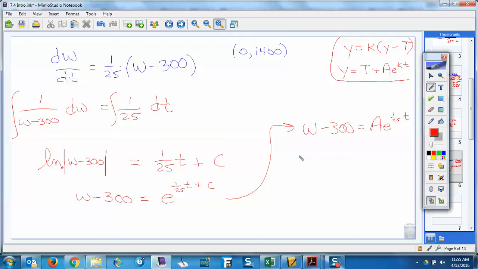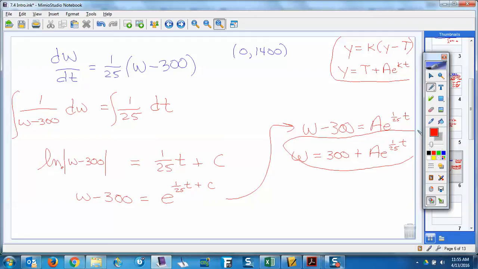Okay, and then add the 300 over, and we get 300 plus a e to the 1/25th t, which sure looks a lot like this one up here. Big T, which was our 300, plus a e to the kt. k was the 1/25th. Okay, so those were those two that we just talked about and tried to memorize.